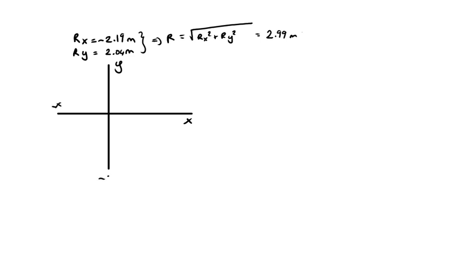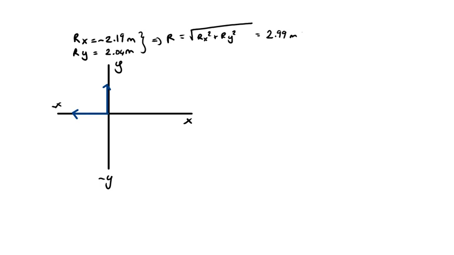What I want to do to get a nicer understanding is to draw an XY system. So this is plus X, this is plus Y, and the other side's minus and so on, right? And draw my vector components, Rx and Ry.